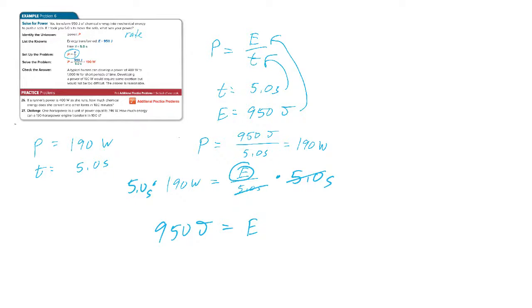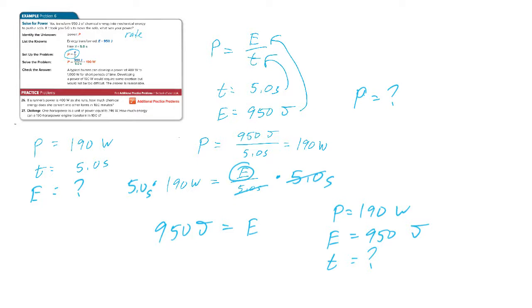Now in the same way, if you knew your power was 190, and you knew your energy that was used was 950, that would make T your unknown. Here your energy is unknown, and up here power was unknown. So here we have time that we don't know.